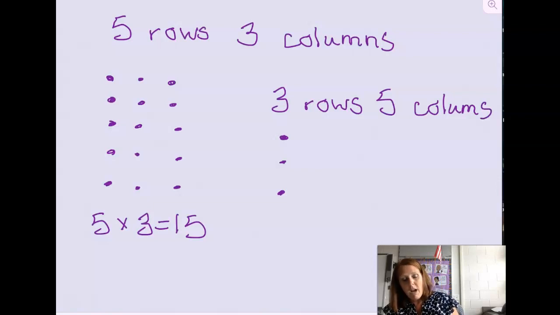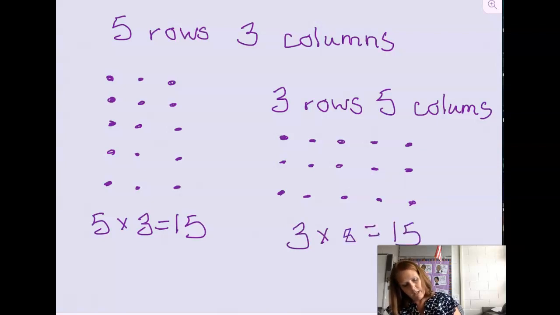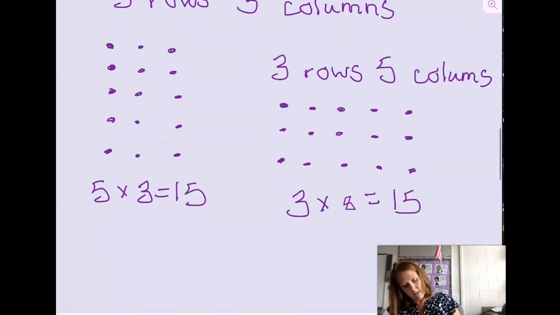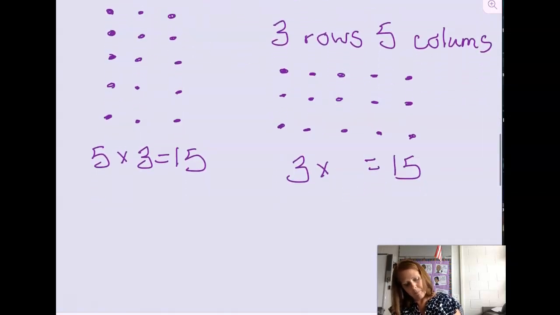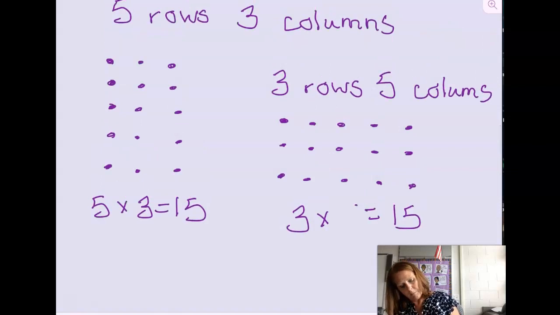And I'm going to make 5 columns, which means there's 5 in each row, 5 in each group. There we go. And we have 3 rows times 5 in each row. 15.